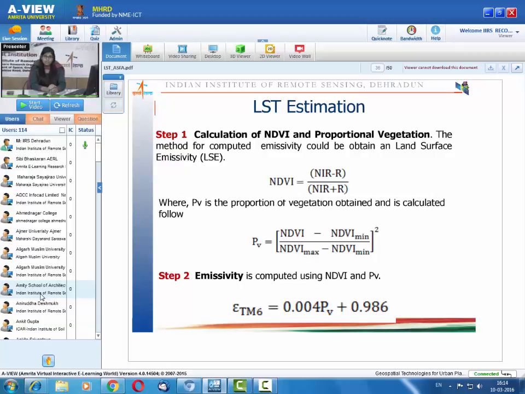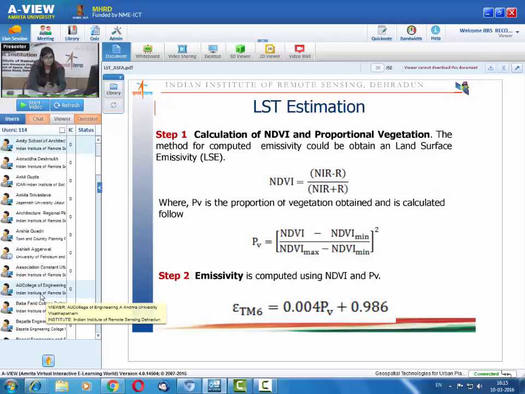Second option is that you calculate the emissivity by classifying the area under consideration. After classifying the area, you know from the chart what the emissivity value is, so you fill in the emissivity values and replace the cover with the emissivity value. In general, we use the NDVI based method, so we are going to use the same.